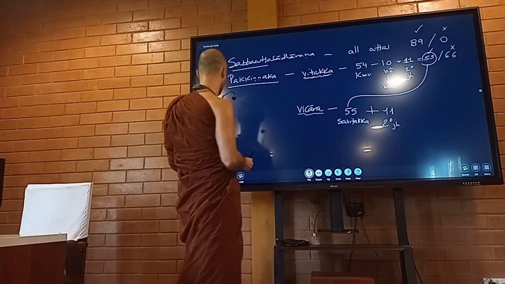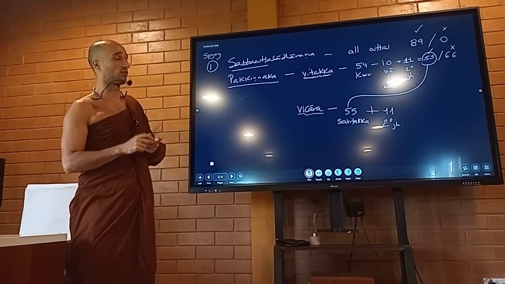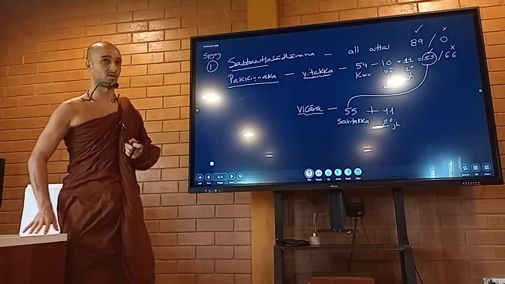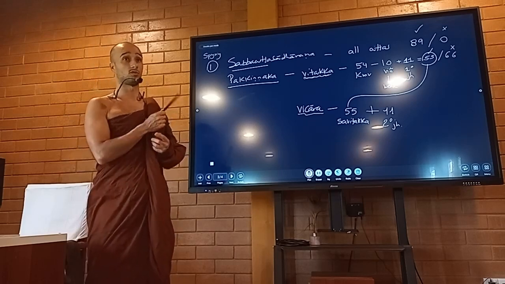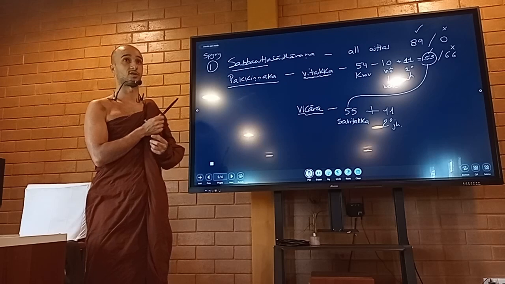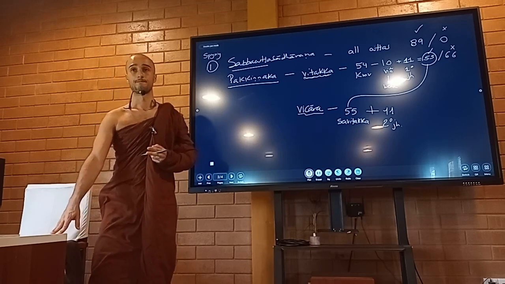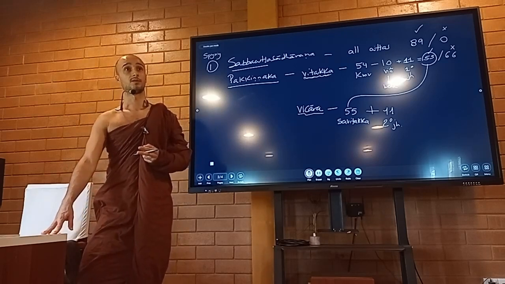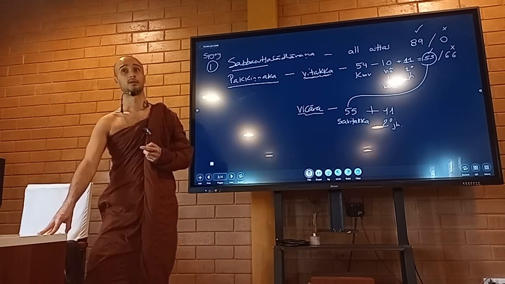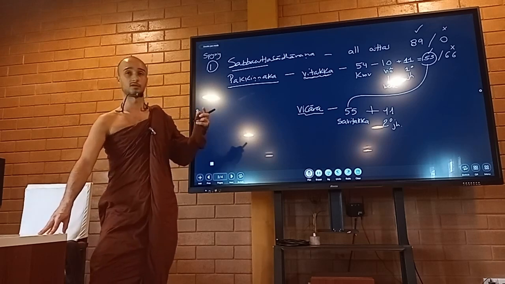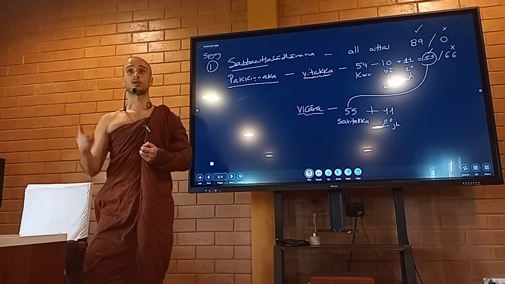So Vichara occurs in those Savitakka cittas, which are 44 Kamavachara, and the 11 first jhanas, which include lokuttara. How many first jhanas in rupavachara? 3: 1 kusala, 1 vipaka, 1 kiriya.